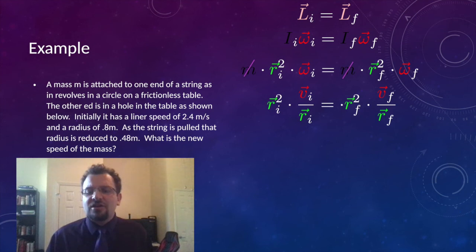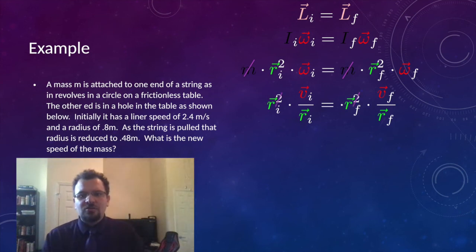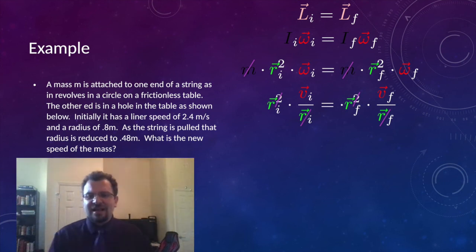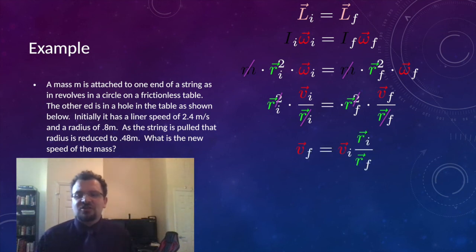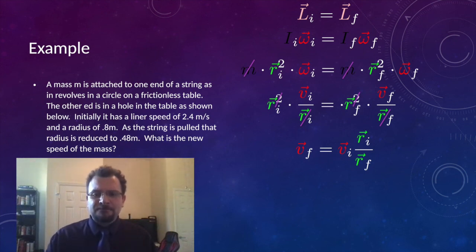And you can probably notice that a lot of these radii are going to end up canceling out. So if we hit that button, there we go, we start to see all those things getting canceled. So the squares can end up canceling out the term in the denominator. And what we're left with is something that we can solve for V final pretty easy. So V final is going to equal the initial velocity times the ratio of the radii.